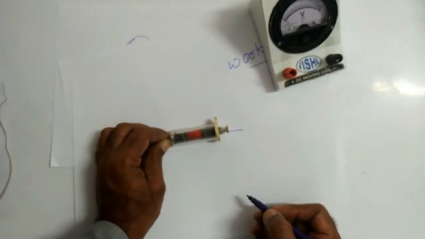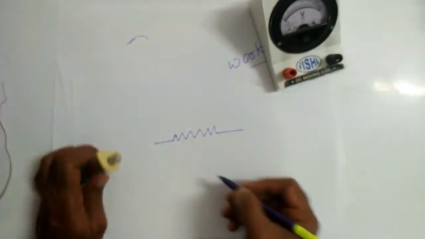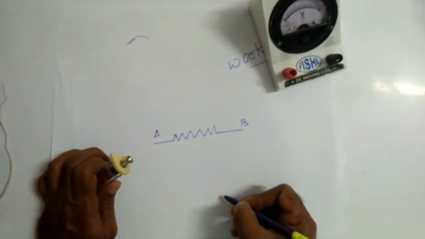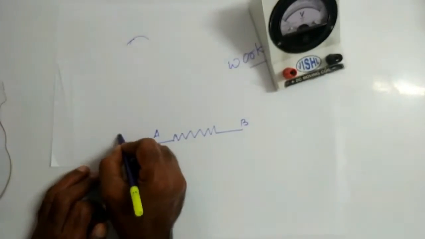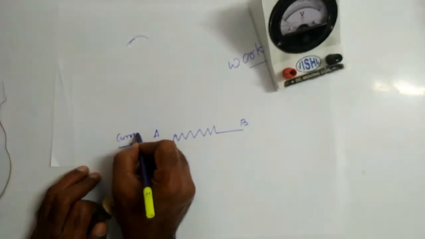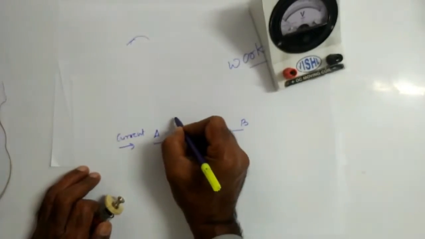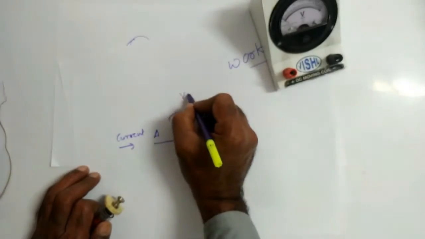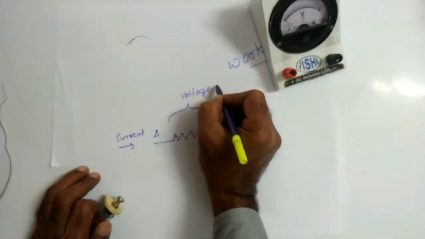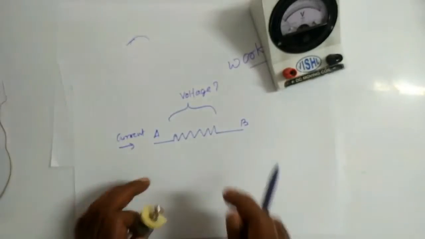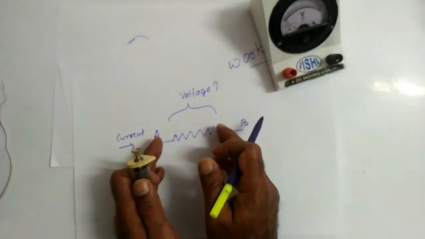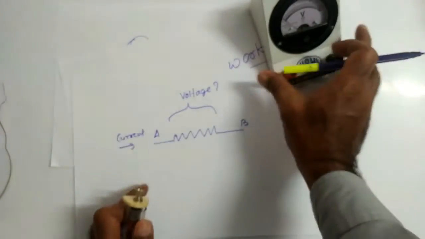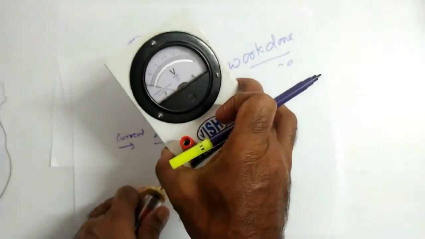Now I have 2 points here, A and B. When I supply current, how much of voltage will be developed between these 2 points? And that is measured with the help of voltmeter.